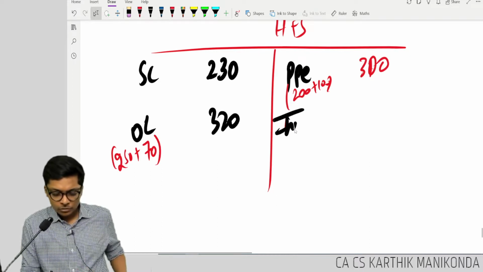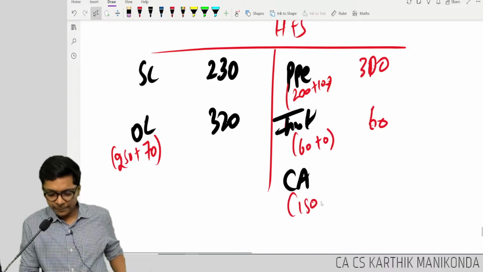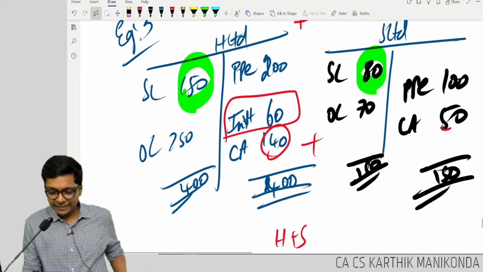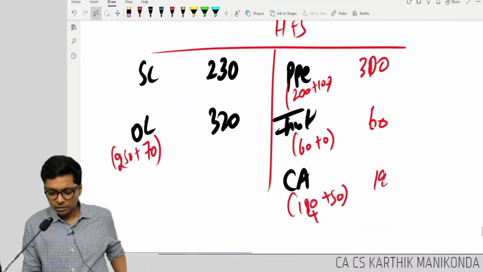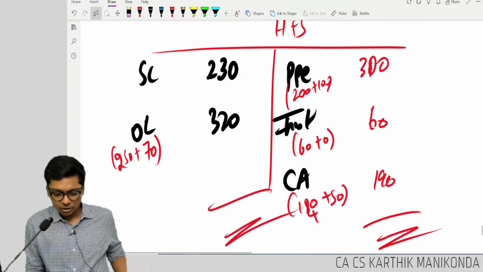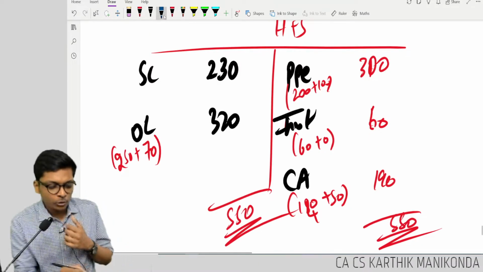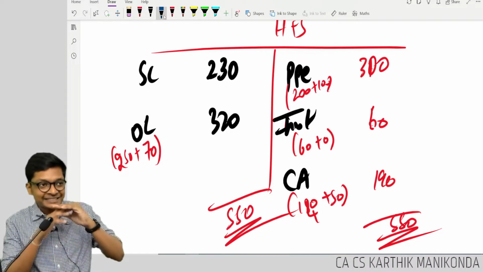Investments 60 plus 0. Current assets 150 plus 140 plus 50, 190. My balance sheet total 550. In all cases the balance sheet total, the first time it won't change, only later it will change. So line by line addition is completed.